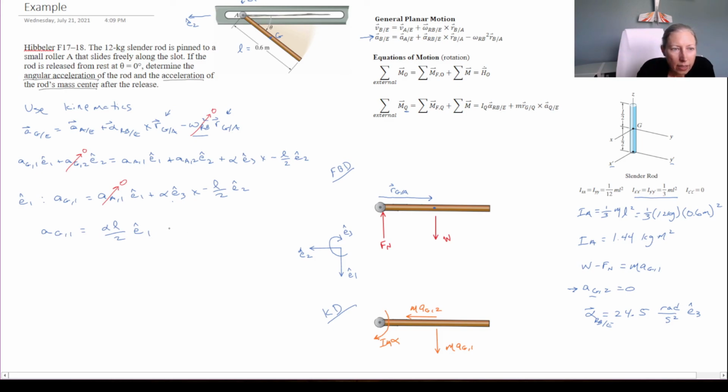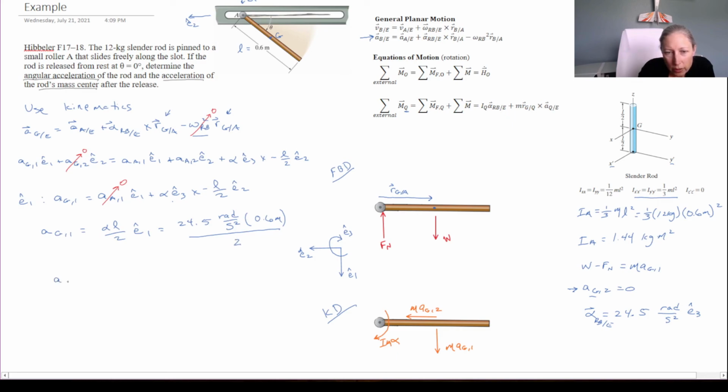And I think now I can plug in values. So 24.5 radians per second squared times 0.6 meters divided by 2.